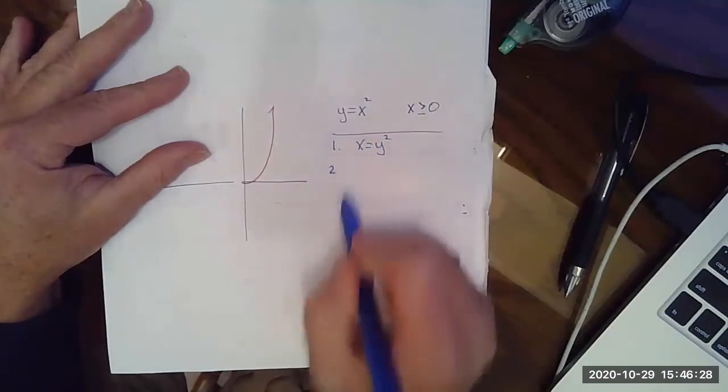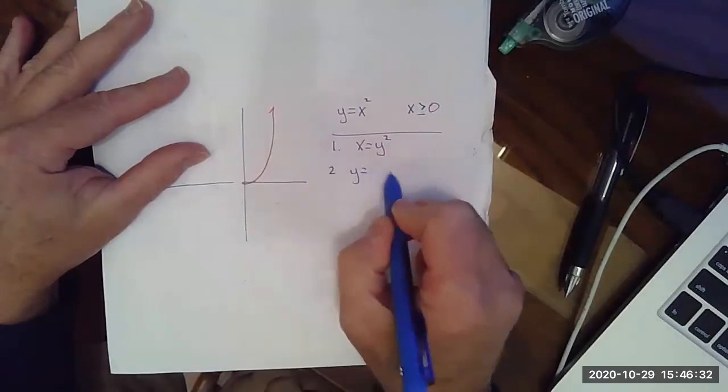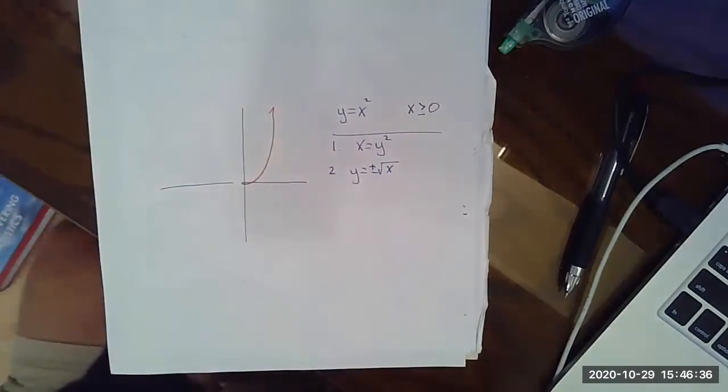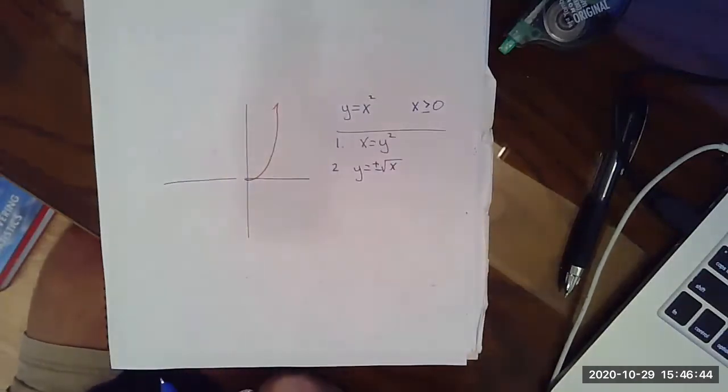Step 2, solve for y. Plus or minus? No, not plus or minus. You restricted it, so the only thing you have is right here. All you have to do is take the positive square root, not the negative, because that's not right.